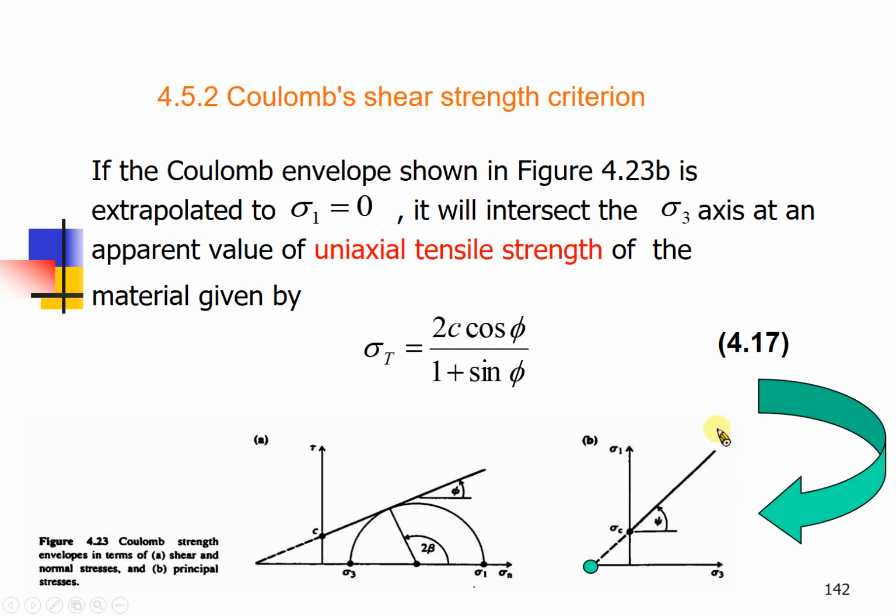From the geometry, you don't need to care too much. This is only related to the geometry. If you know the phi and c, you can derive the intercept here. This will equal 2c cosine phi divided by 1 plus sine phi.